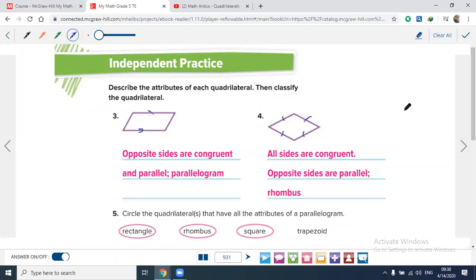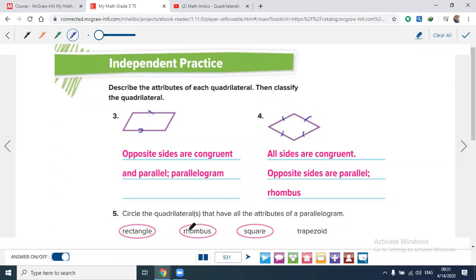Okay. Now, number 5, circle the quadrilaterals that have all the attributes of parallelograms. A rectangle has the same attributes as a parallelogram. What? Opposite sides are congruent and parallel.